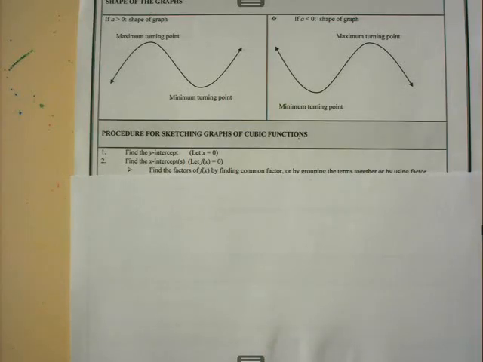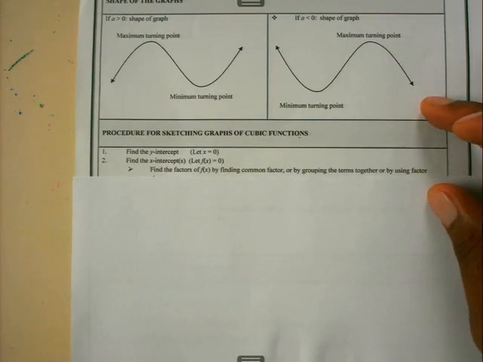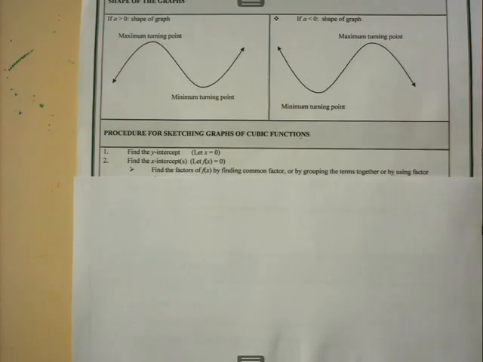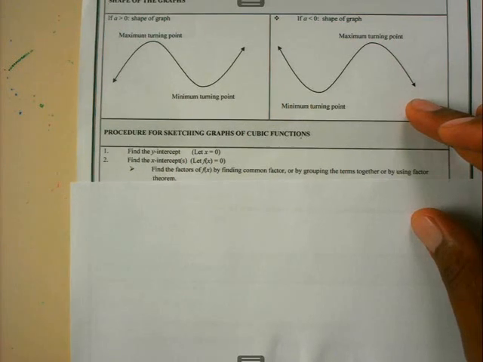Always remember we say the same thing with the quadratic equation, finding the common factor first, or if possible, by grouping the terms together. There are 4 terms. If you group them together, sometimes you are able to take out a common factor, right? Of course, if that one doesn't work, you'll have to use the factor theorem.